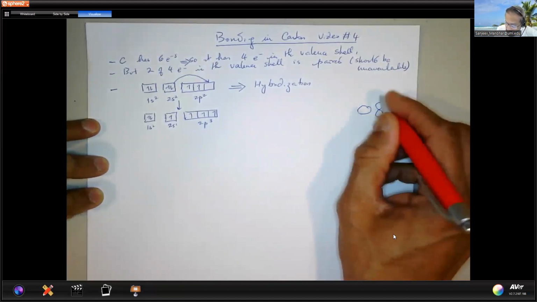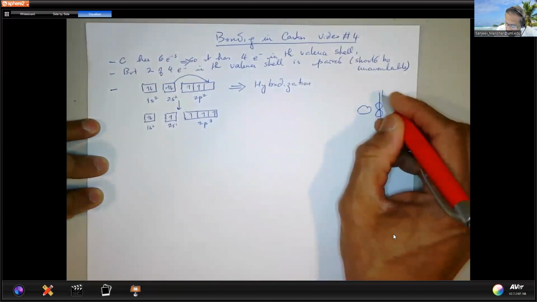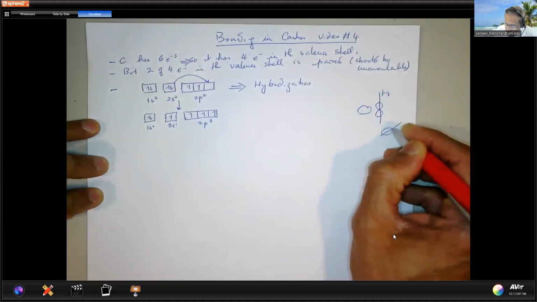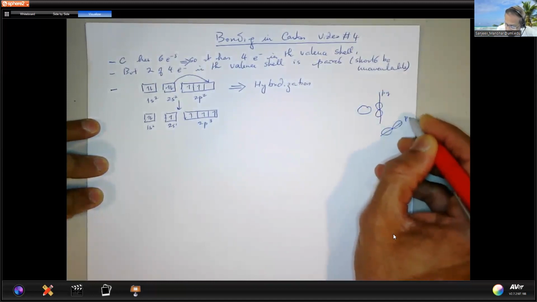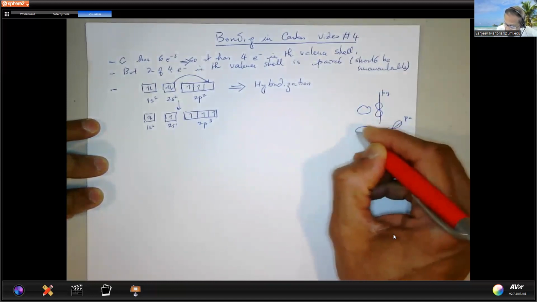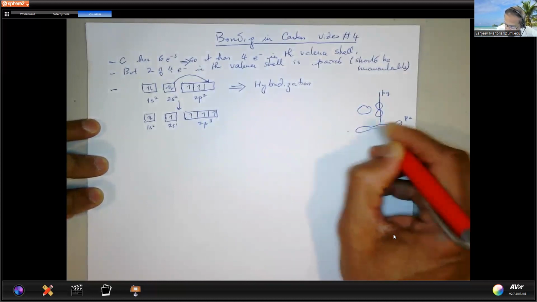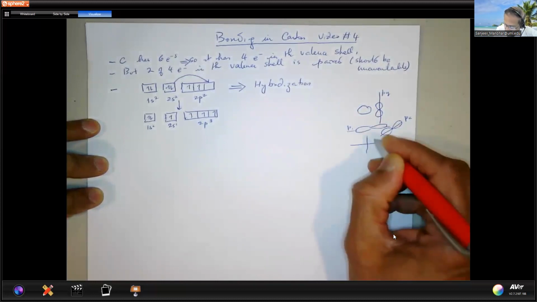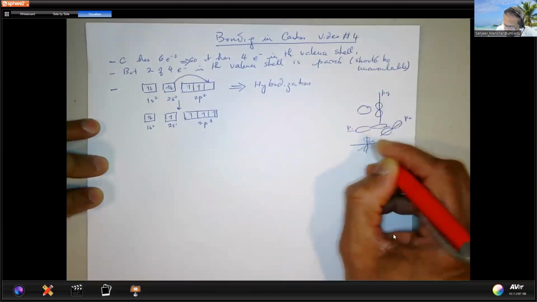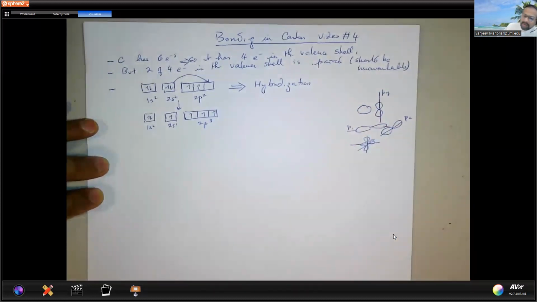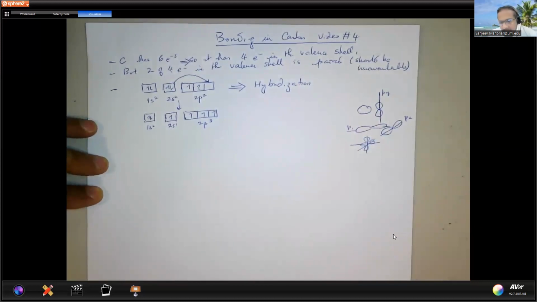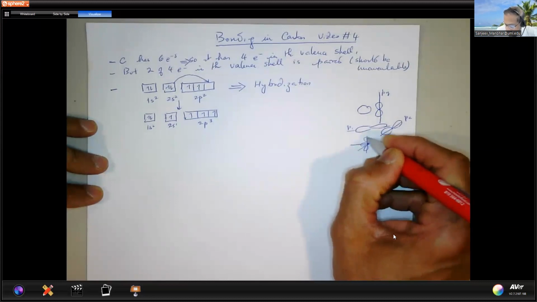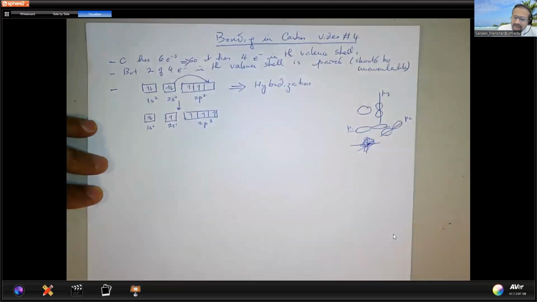This is the Py. This is the Pz. And of course, this is the Px. So orbitals can look like this, right? The three P orbitals, and in the center is the carbon atom, and the S is spherical. That's how it's structured.